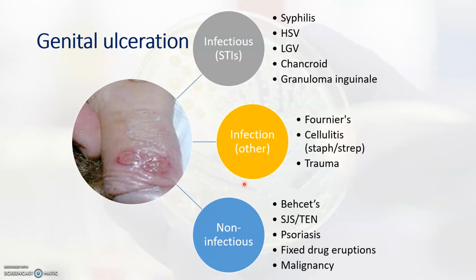Some non-STI causes include Fournier's gangrene, cellulitis, and infected injuries to the penis or scrotum. Non-infectious causes include Behçet's syndrome, Stevens-Johnson syndrome, psoriasis, fixed drug eruptions, and malignancy, particularly squamous cell carcinoma, but also basal cell carcinoma.